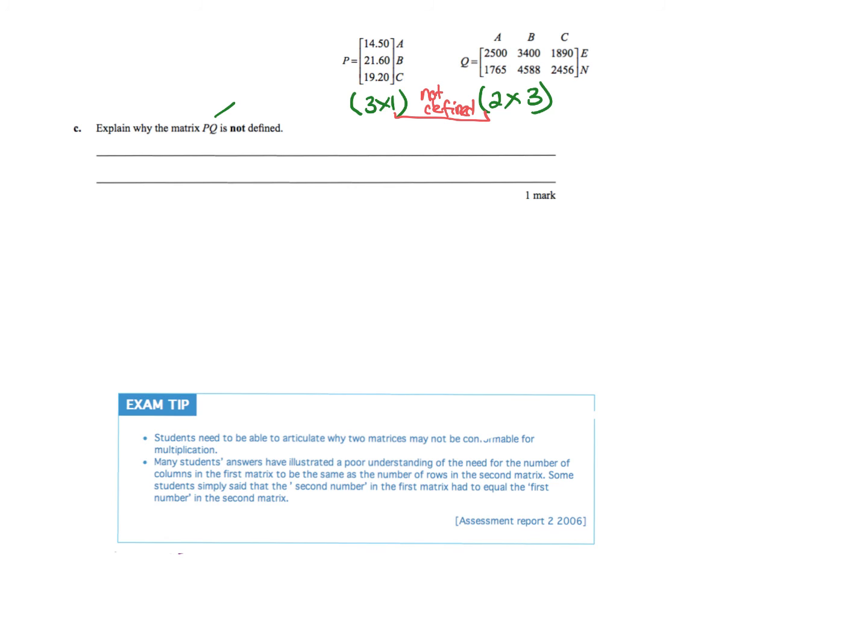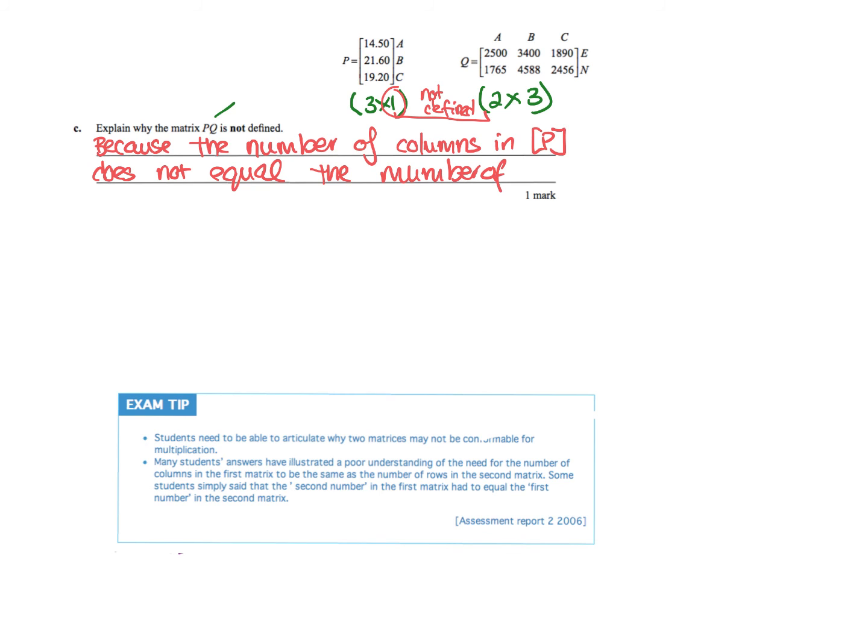So explain why the multiplication of P and Q is not defined, and we'll say because the number of columns in matrix P does not equal the number of rows in Q. Okay, so unless you write that statement, you will not get that 1 mark.